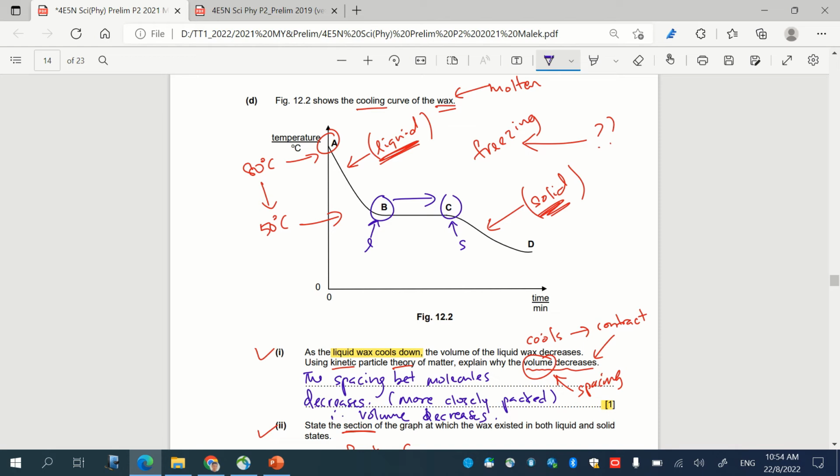To become solid, it becomes very closely packed. So to become more closely packed, it must have become stronger.